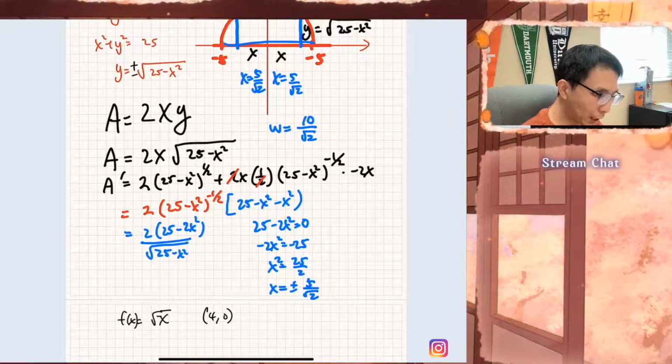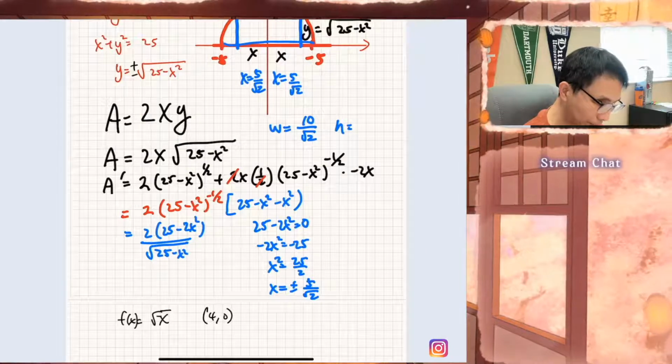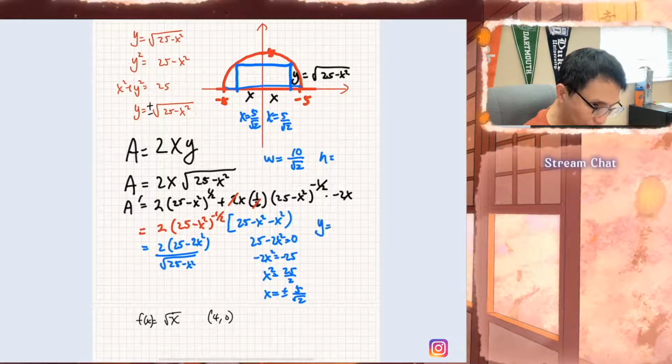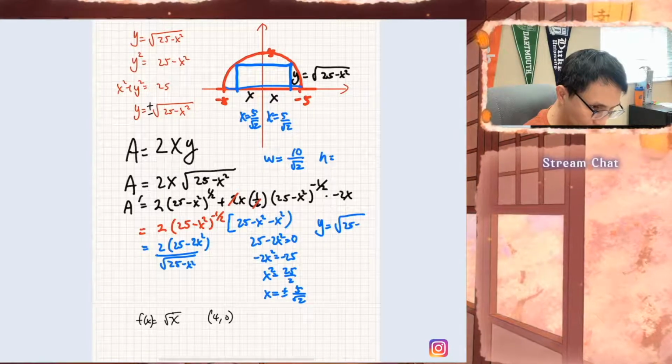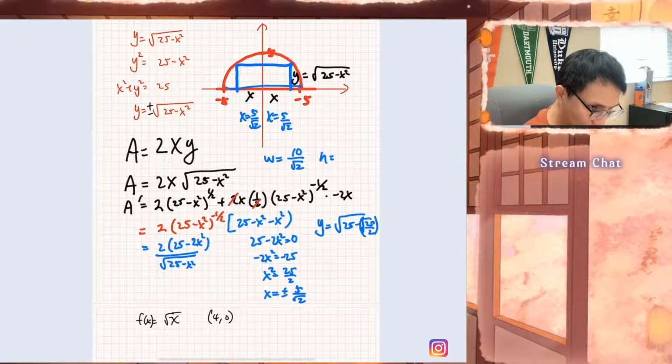So what would be the height, though? Well, the height is going to be found by plugging in. Plug in 5 over square root 2, so y equals the square root of 25 minus (5 over square root 2) squared.